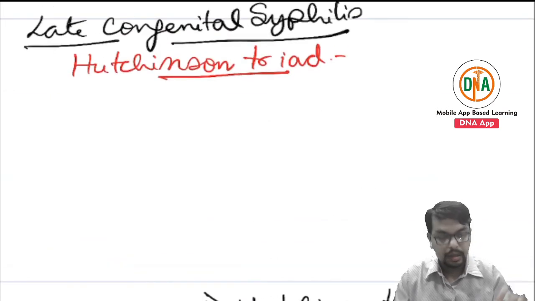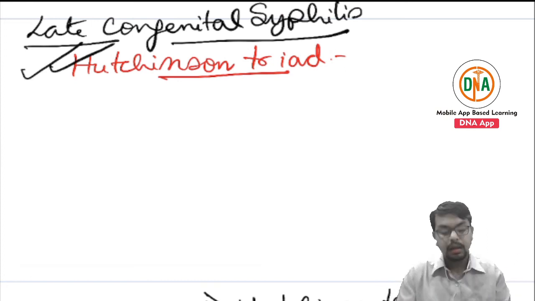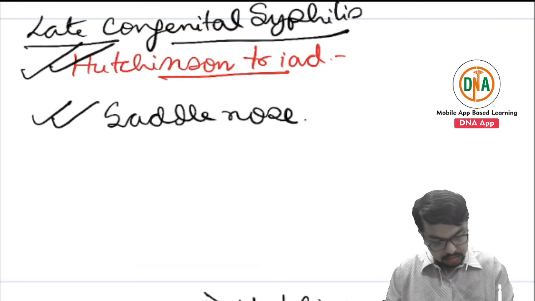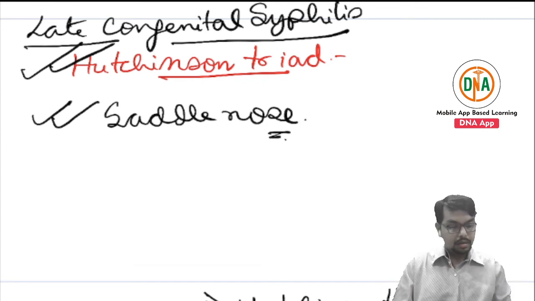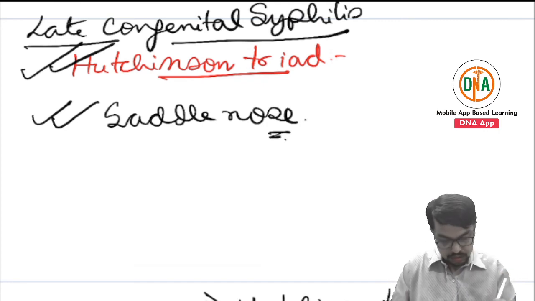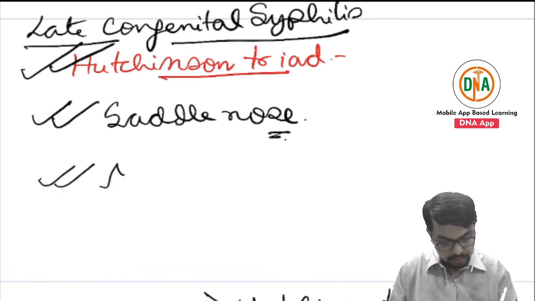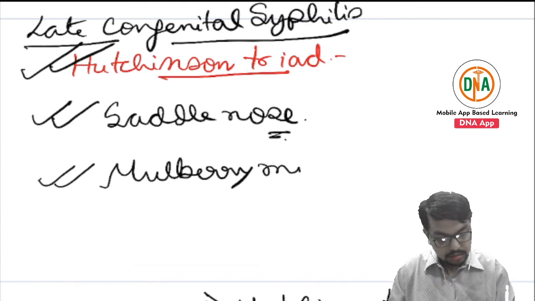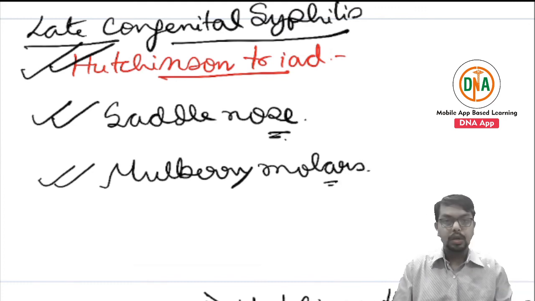Next, what are the other features? You will get saddle nose, similar to leprosy. Another important one is mulberry molars, affecting the cusps of the molar tooth.